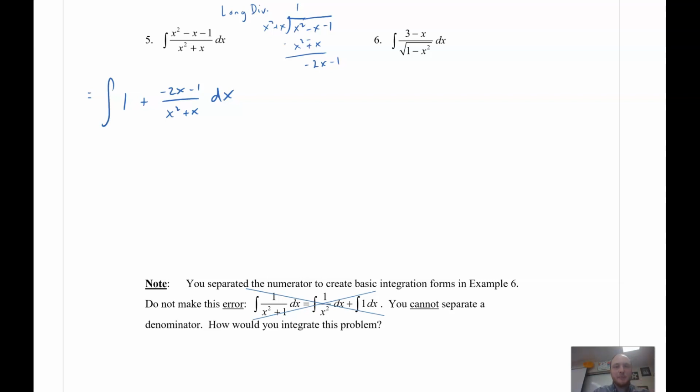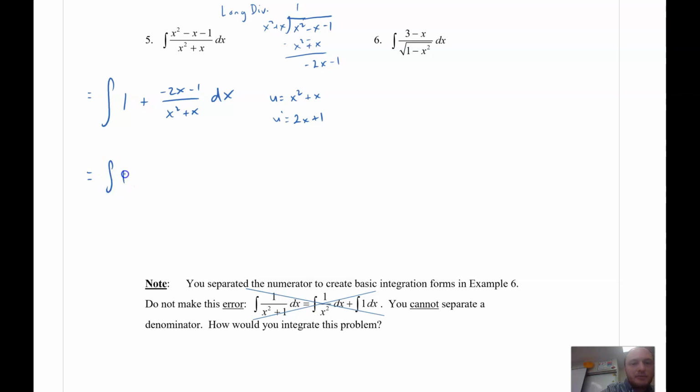The second term, what if I treat the denominator as a function of u? So x squared plus x, then u prime would be 2x plus 1. Hey, don't I have that in the numerator? It's just that I have a negative. So I'll factor out the negative.